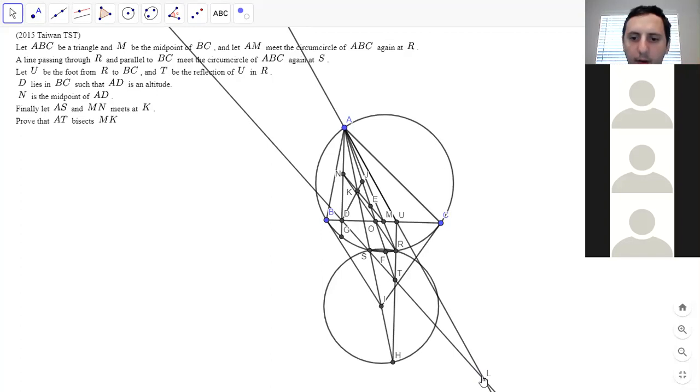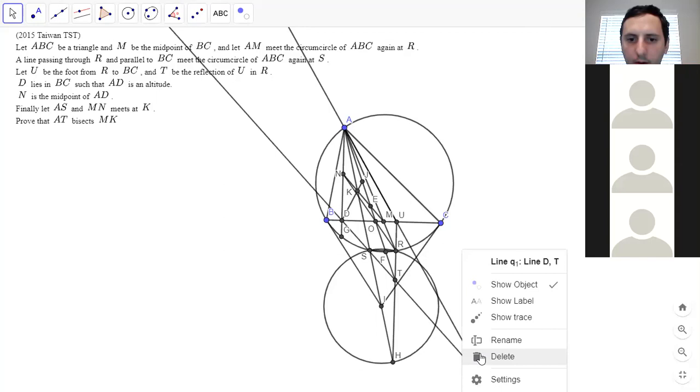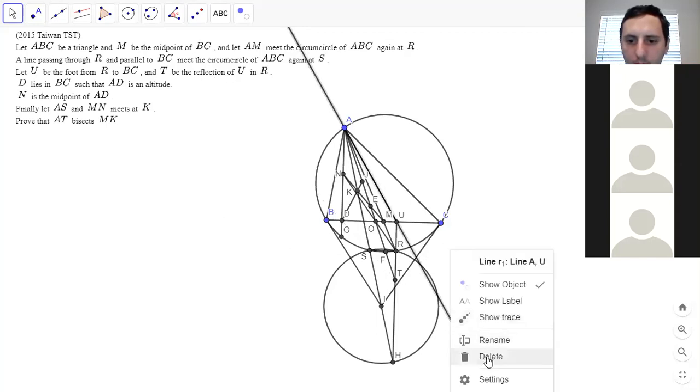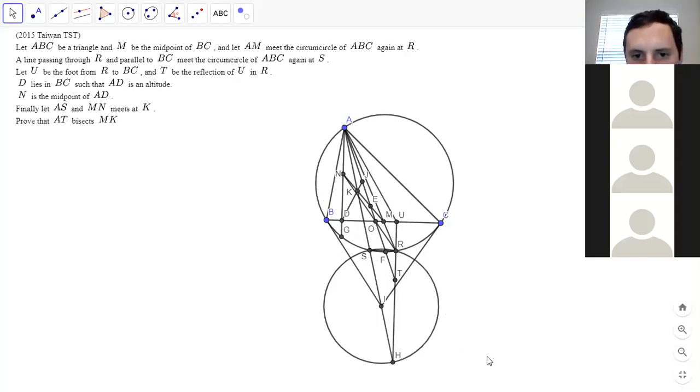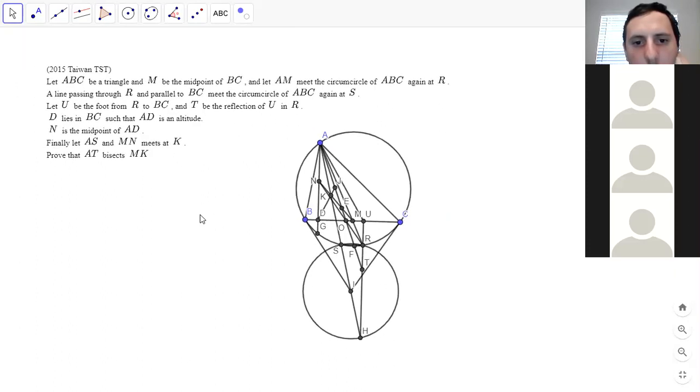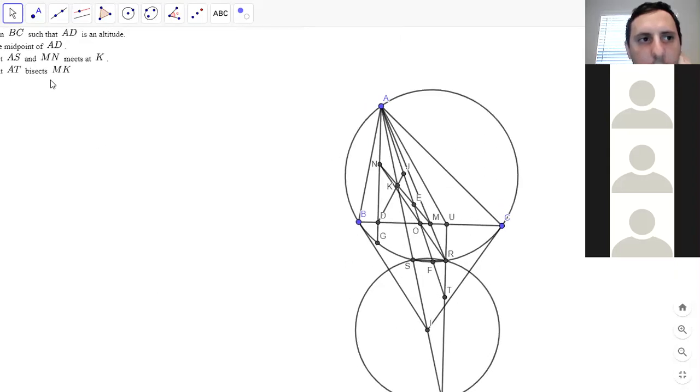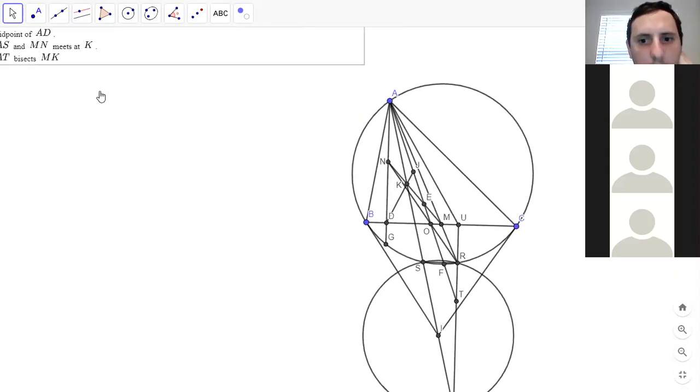So yeah, I'm going to delete point L, but I see how you did that. So you show that they concur. So if you could show JU is parallel to MN, you said that solves it? Yeah. Okay.